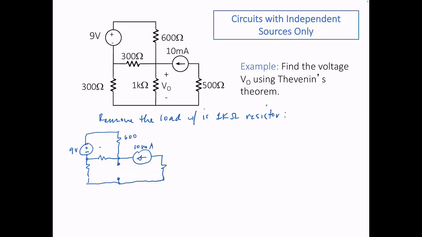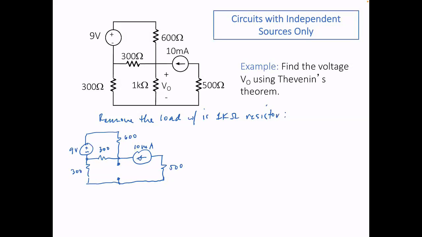This is 300. And then this is 500. So to get RTH, because this consists of only independent sources, walang dependent sources dito, we can use the technique that we discussed earlier. What you do, you first reduce all of the independent sources to 0.